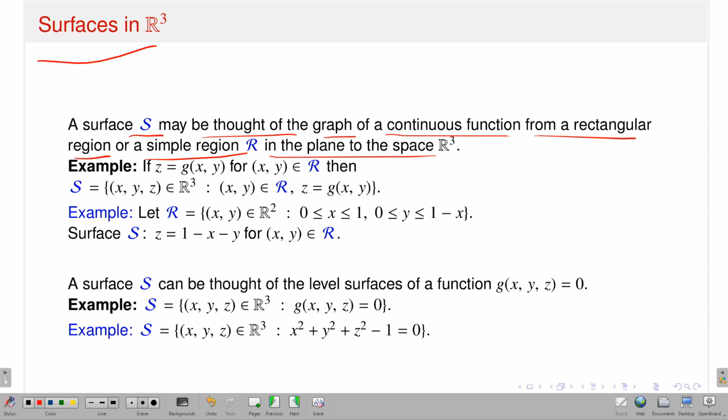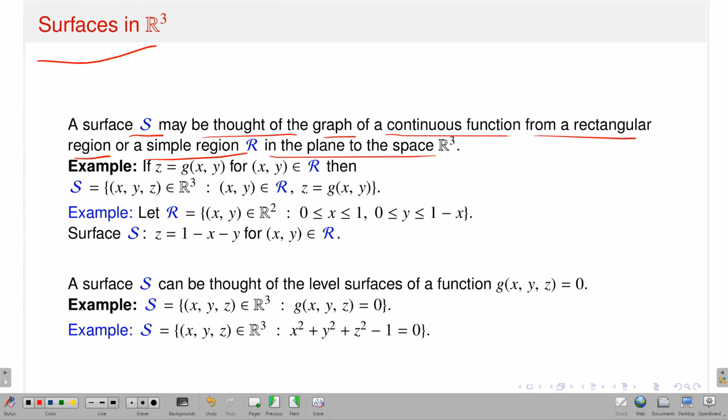What sort of continuous function? A function from some domain, a subset of R2, either a rectangular region or a simple region in the plane, taking values in 3-dimensional Euclidean space.